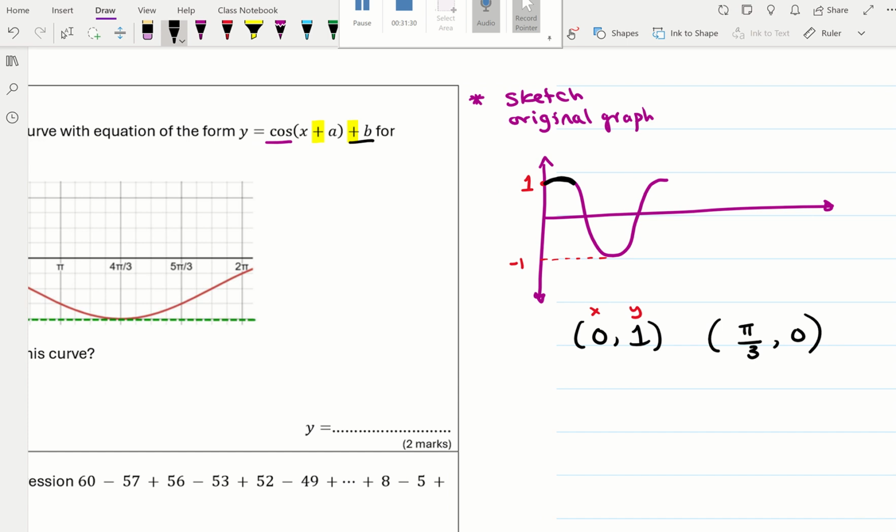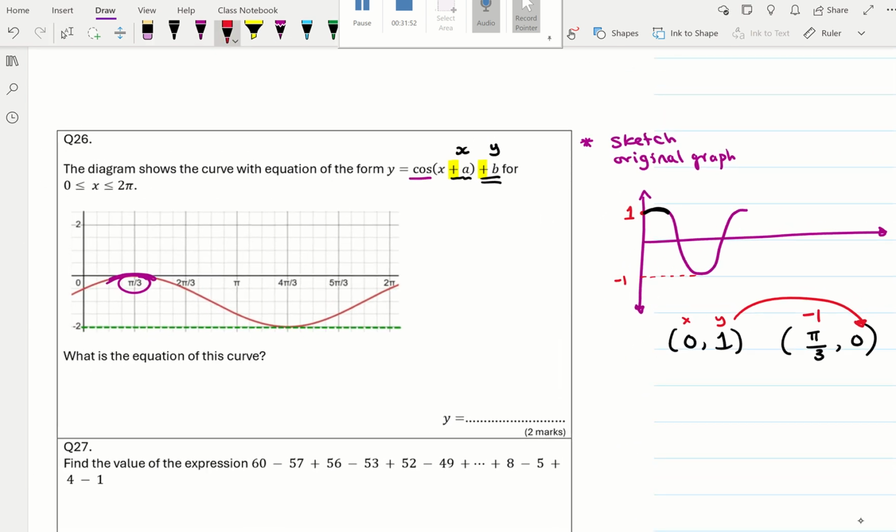I'm going to find b first, because b affects the y coordinates and a affects the x coordinate. So I've gone from 1, that's the original, to 0. So what I've done is I've subtracted 1.